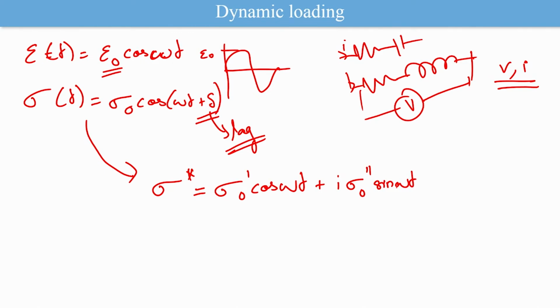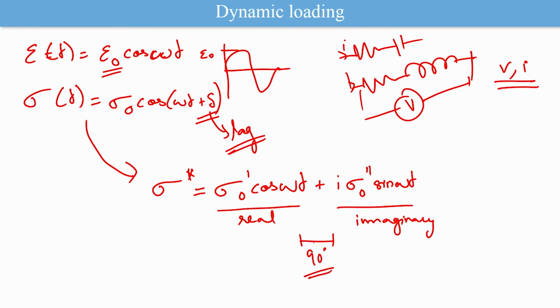If I represent this generated stress as a complex function, which has a real as well as imaginary part with a phase of 90 degrees apart, we can represent the same stress generated in this form. So if we apply epsilon, there can be a stress with a lag of delta.